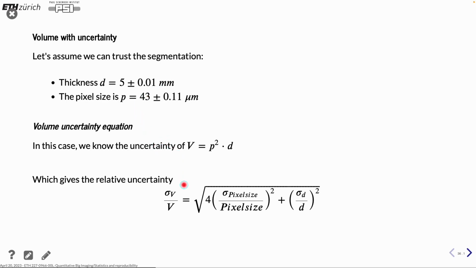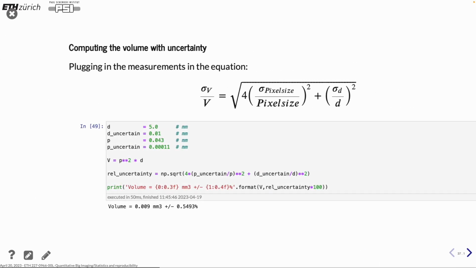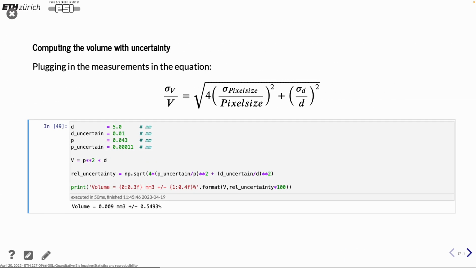And here we can see that now the pixel size has a greater weight, and that's because of the derivative of the pixel size. And then I have the contribution by the thickness. And together we get some value that under a single pixel we have the volume of 0.09 cubic millimeters and an uncertainty of about 0.5%.